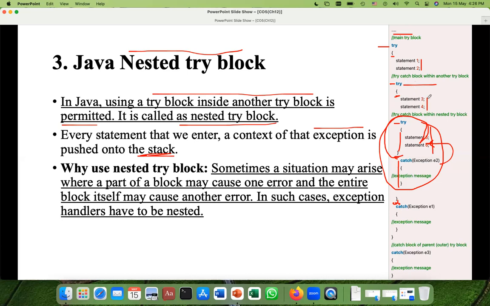And if you find some exception here, you will come out of this try block and the control will come here and it will be matched. You have the catch block and it will match with that exception. So this catch block is basically with this second try block.